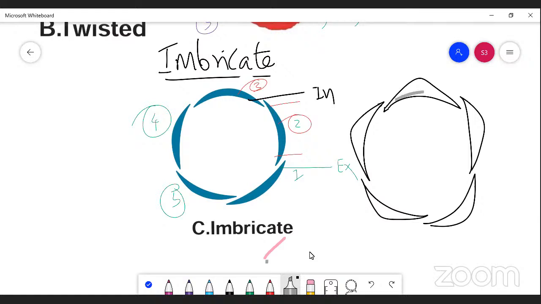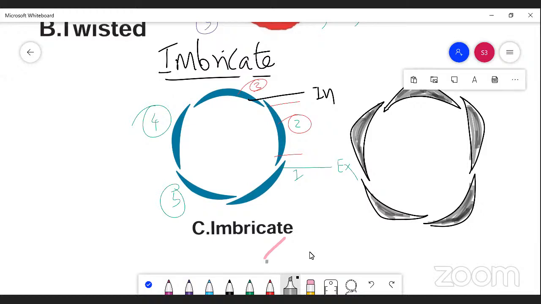In that manner you find. So dear student, it is easy to draw, right? Some of you may get confused as to how to draw, and where to start first and where to end next, right?